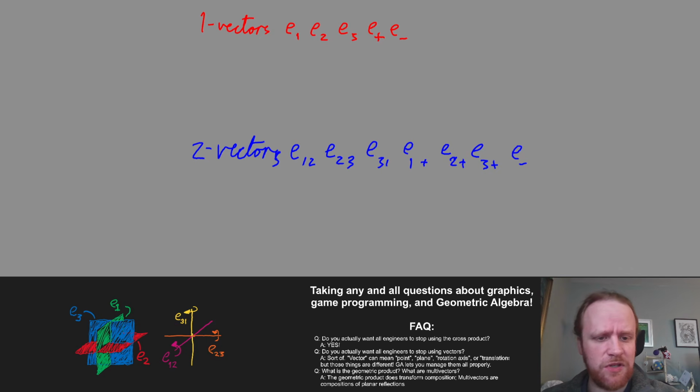And projective geometric algebra is very relevant to what I'll be saying, because projective geometric algebra is a sub-algebra of conformal geometric algebra. Everything you can do in projective geometric algebra, you can do in conformal. Okay, E1 minus, E2 minus, E3 minus, and E plus minus, and that's all of them. 1, 2, 3, 4, 5, 6, 7, 8, 9, 10. Yes, 10 bivectors, 2 vectors.